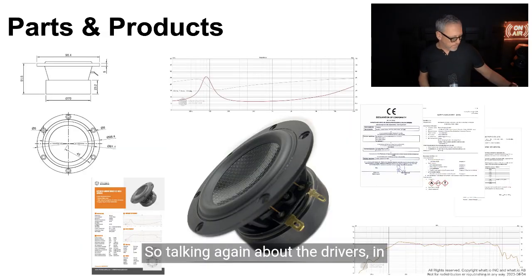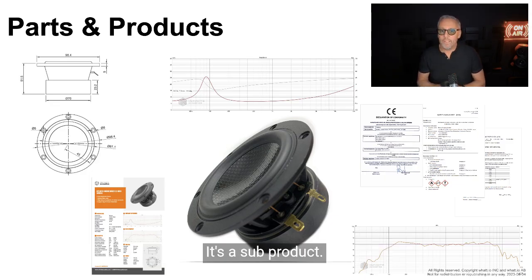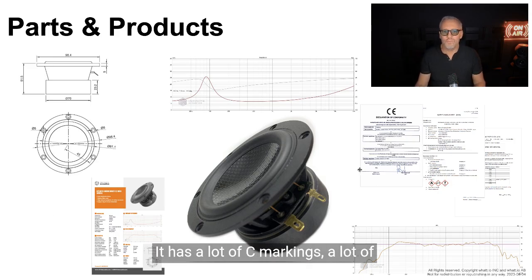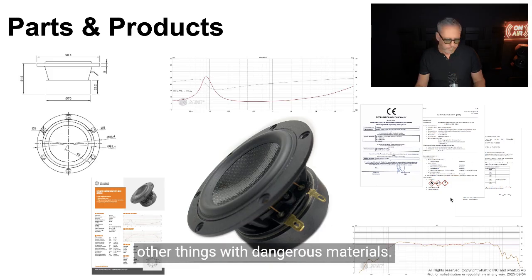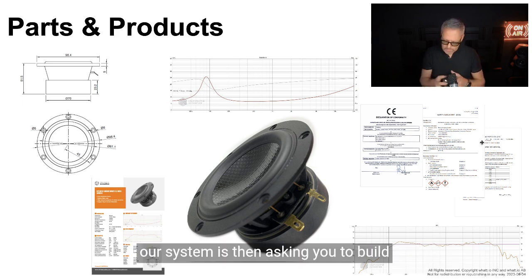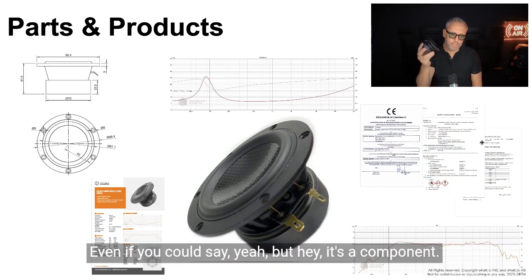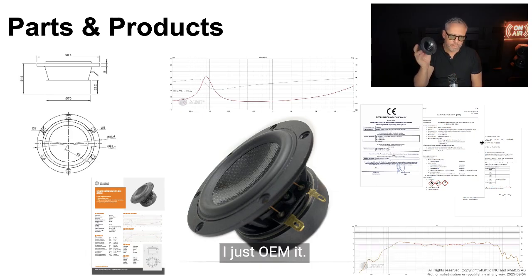So, talking again about the drivers, in this case I have the carbon fiber driver. It's a sub-product. It has a lot of CE markings, a lot of other things with dangerous materials. And there's a lot of information here that you need to have, separate product sheets, and a lot of data you want to add to it, drawings, etc. Our system is then asking you to build this as a sub-product, not as a part, even if you could say, but hey, it's a component, I just OEM it.